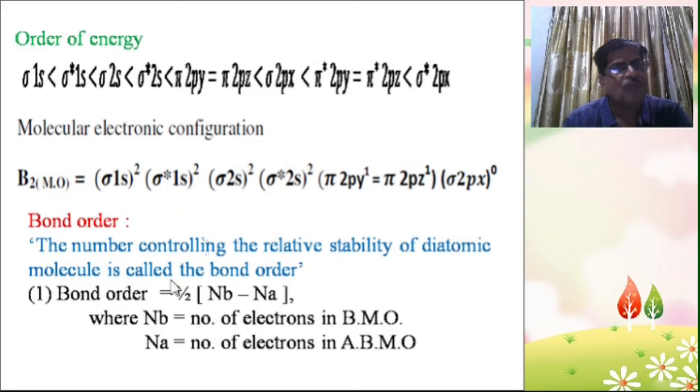So what is bond order? The number controlling the relative stability of a diatomic molecule is called the bond order. The formula of bond order is 1/2 (Nb minus Na), where Nb is the number of electrons in BMO and Na is the number of electrons in ABMO.